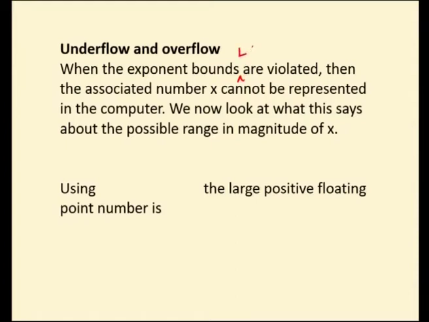That is capital L is less than or equal to E less than or equal to U. So when the exponent bounds L is less than or equal to E less than or equal to U are violated, then the associated number x, represented in the form x is equal to sigma point a1, a2 etc. up to at suffix beta, beta to the power e, cannot be represented in the computer.